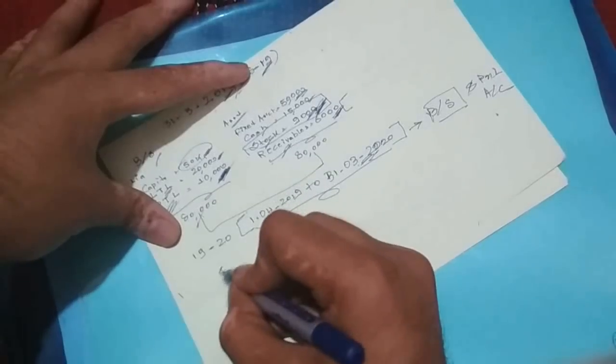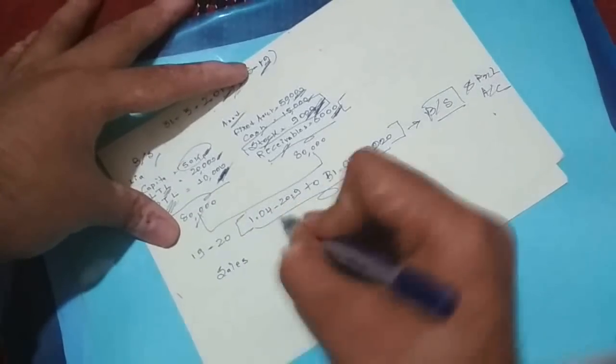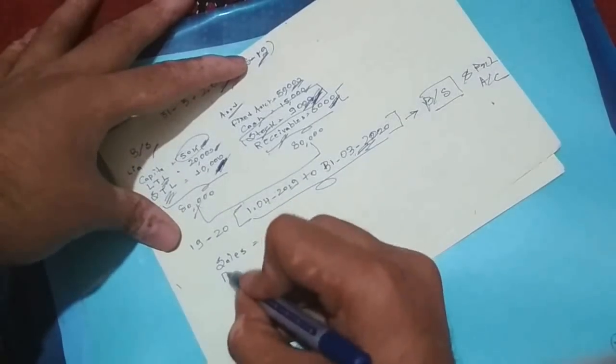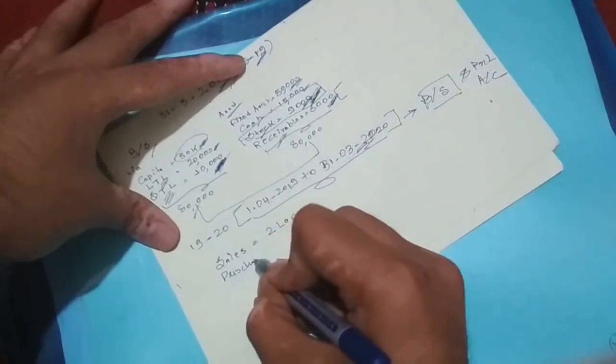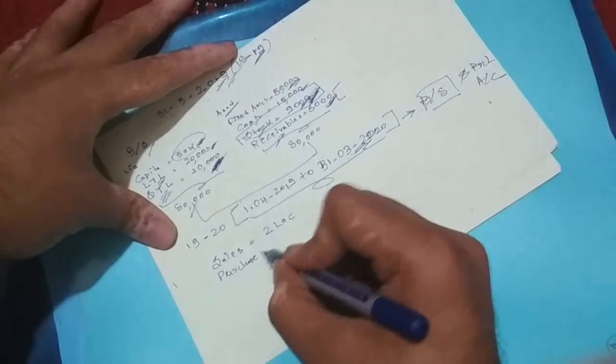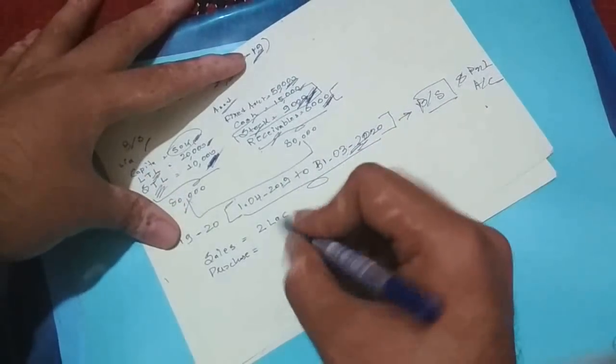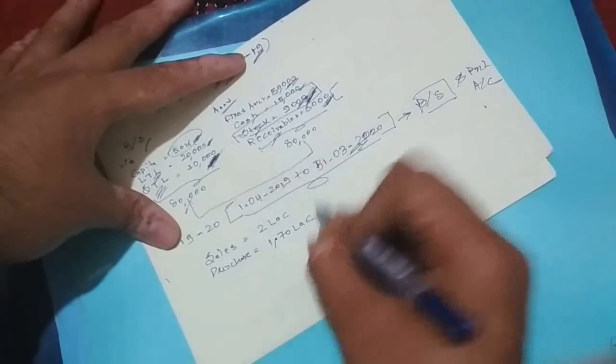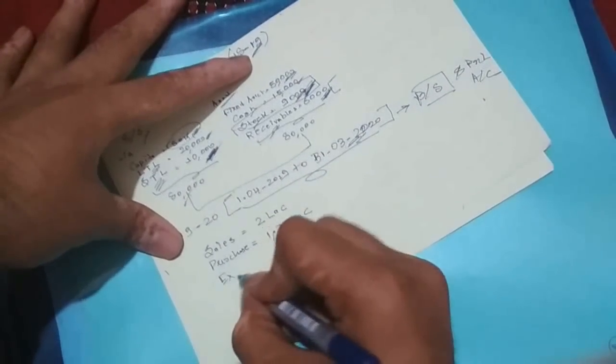Let's say you sold goods worth rupees 2 lakh. You purchased raw materials or goods worth 1.70 lakh. Expenses. What are expenses?